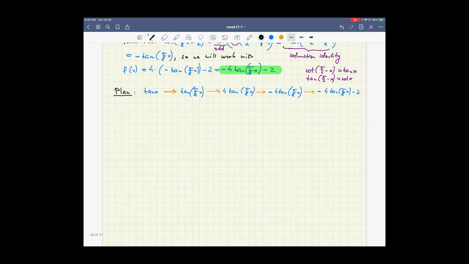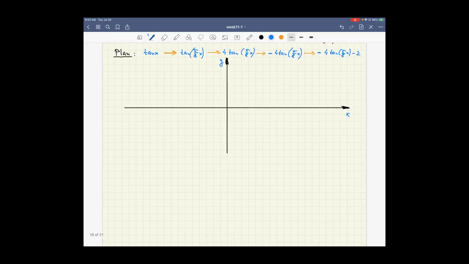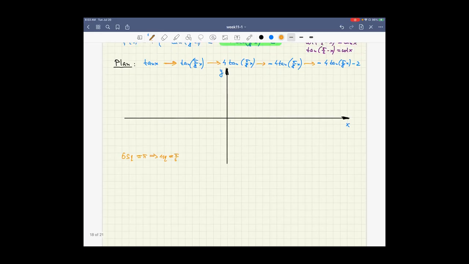All right, let's start with the graph of tangent x. And again, I should carefully think about my horizontal scale. If I, as always, choose 6 squares to be pi, so that 1 square is pi over 6, what scale will I use when I draw the graph of this guy?